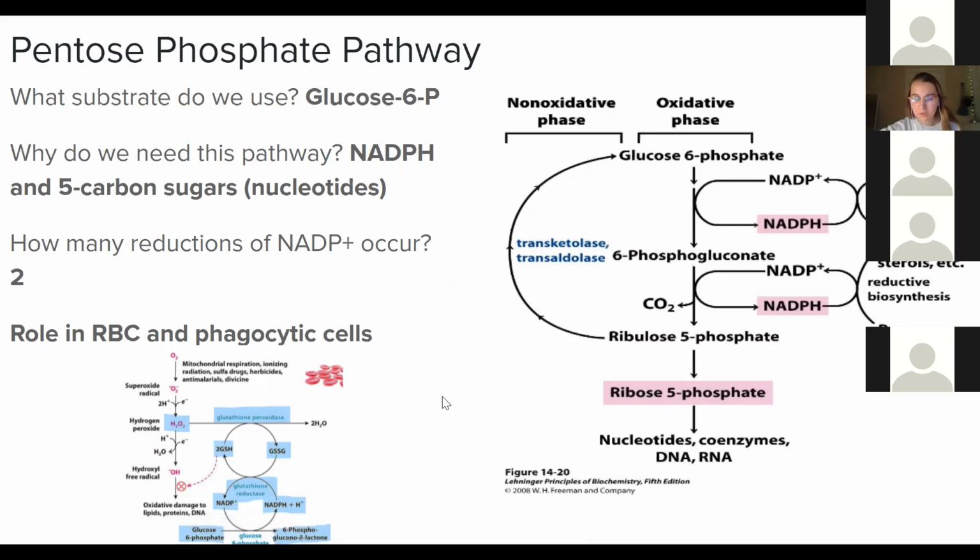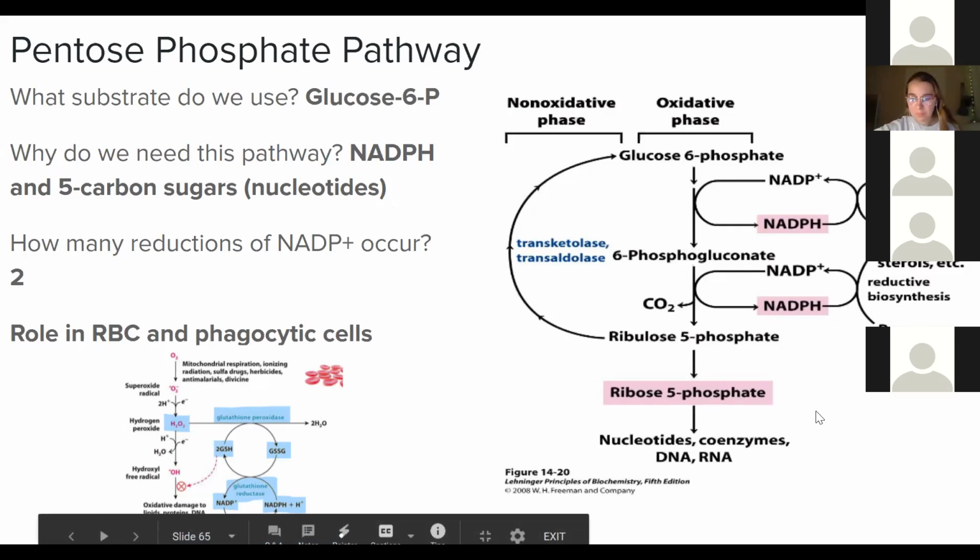And this process is also upregulated in growing cells that need a lot of nucleotides. As you can see, ribose 5-phosphate is one of the products of this reaction. So naturally, those 5-carbon sugars are going to be used through different types of nitrogen metabolism, which we've learned before in the course, to produce nucleotides, coenzymes, DNA, RNA.